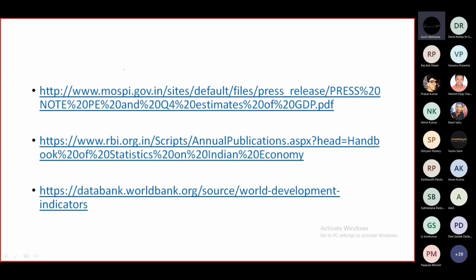These figures, you can get from MOSPI, and another source for India's statistics is RBI, Reserve Bank of India, and you can visit those and see. And if you are interested to look at any other country's economic progress, you have the World Bank database known as World Development Indicators.